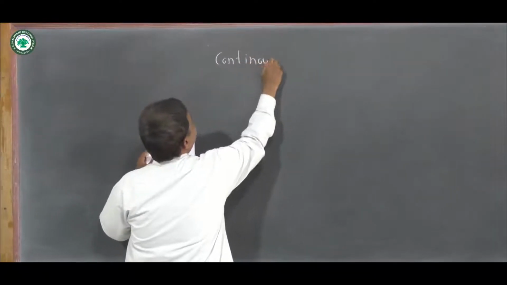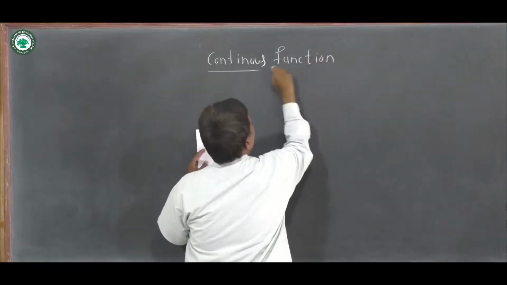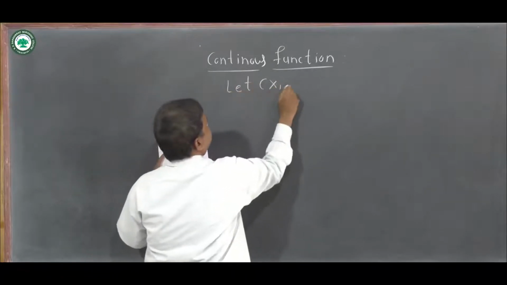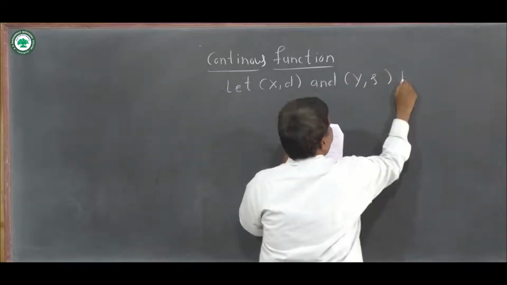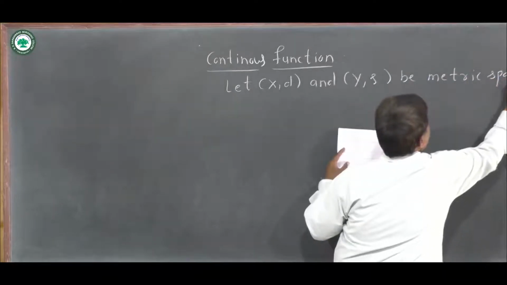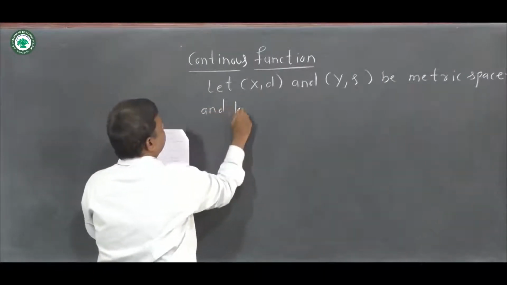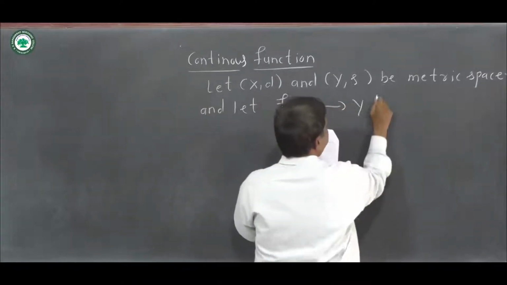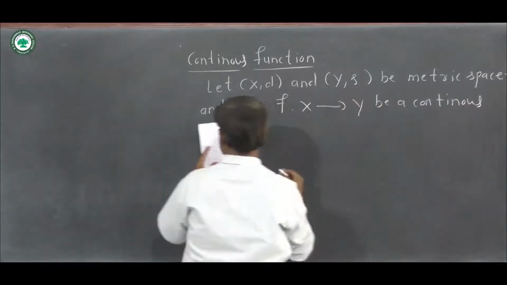Continuous function. So here these are the two metric spaces. Let (X, d) and (Y, rho) be metric spaces, and let f from X to Y be a continuous function.